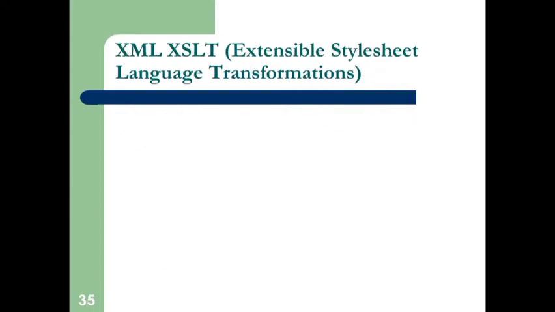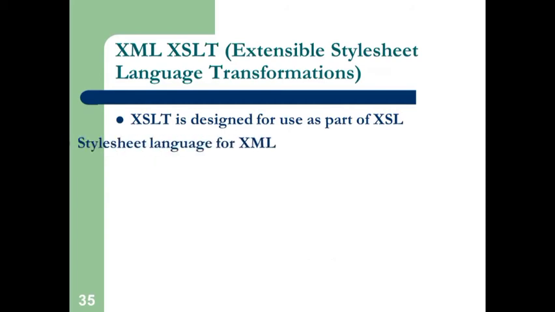Now come to XML and XSLT. Extensible Stylesheet Language Transformation is designed to be used as a part of the Extensible Stylesheet Language, a style sheet language for XML. It is used for designing and styling XML code.